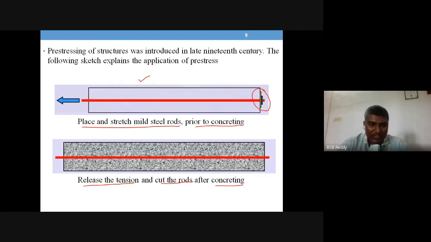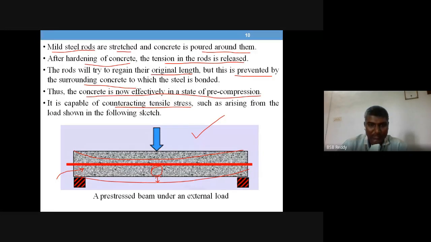In that process, it will apply compressive stress in the concrete. So that compression will counteract the tensile stresses to come when it is used as a beam.